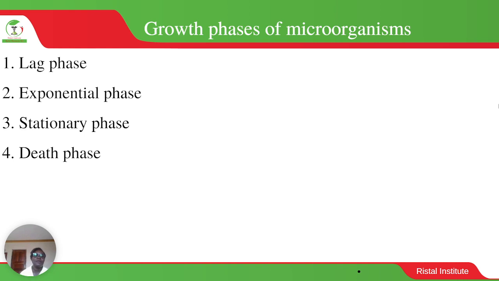Let's continue with the microbial growth media or culture media. When we talk of culture media, it means a nutrient material that has been prepared for growing microorganisms in the laboratory. These special media have been prepared to support the growth of different kinds of microorganisms.